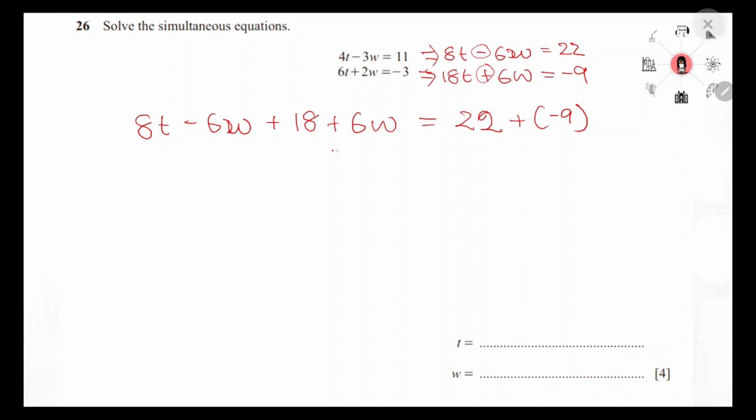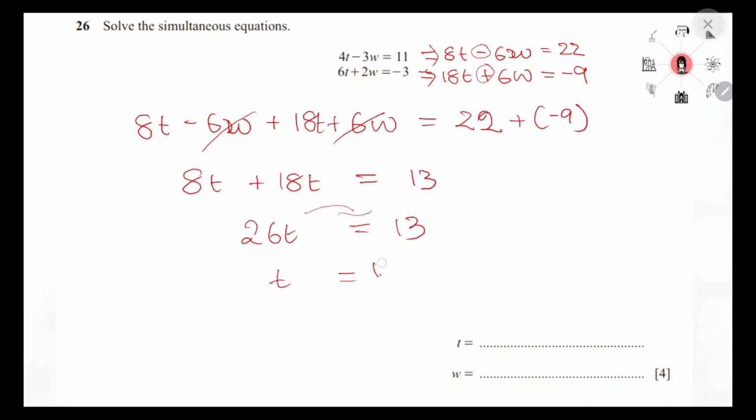So minus 6w plus 6w will be cut out, giving us 8t plus 18t equal to 22 plus minus 9, which will give us 13. 8t plus 18t will give us 26t. So we'll take 26 to the other side, giving us t equals 13 by 26, which equals 1 by 2. So our t is 1 by 2.